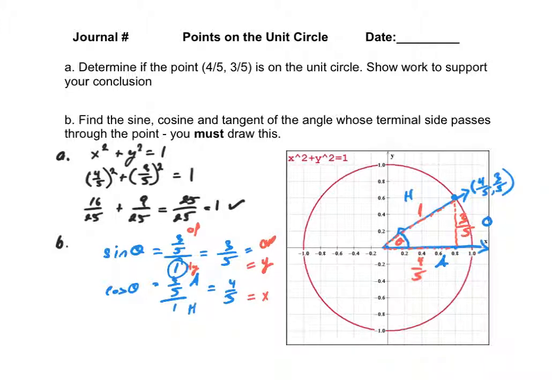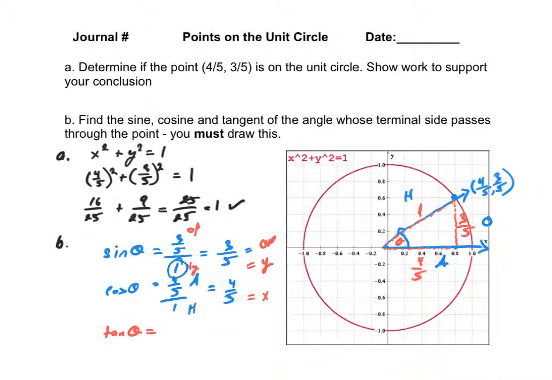Now the tangent is always the opposite over the adjacent. But didn't we say the opposite was y and the adjacent was x? Are we thinking that's okay? So can't I just take the y value and divide it by the x value to get the tangent?